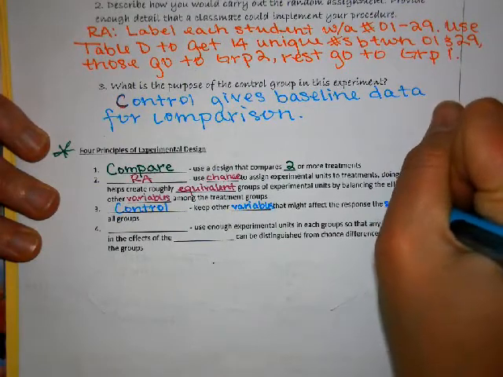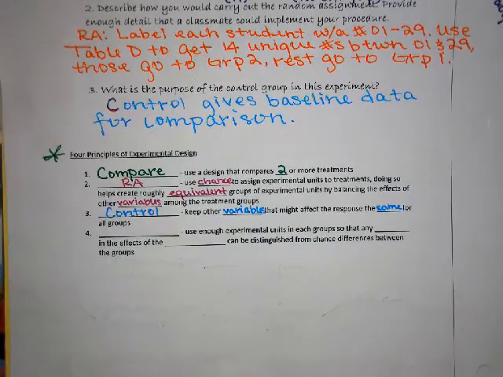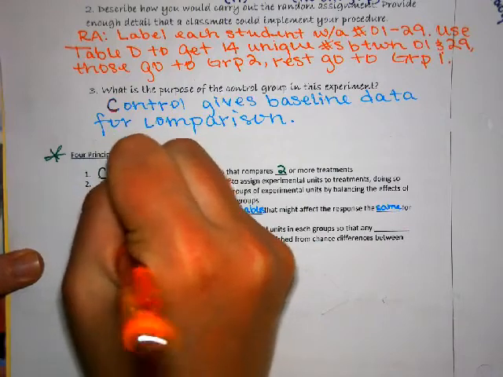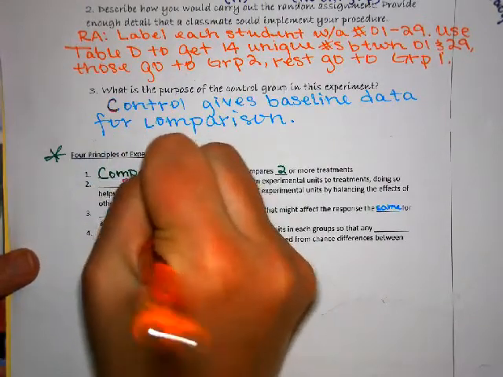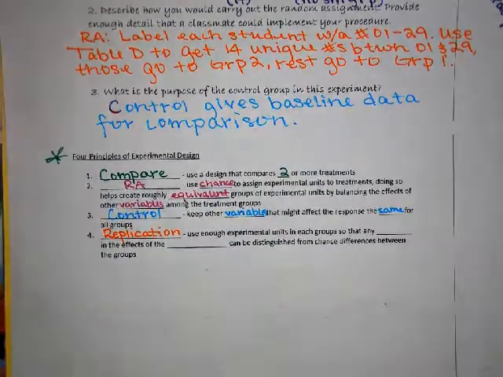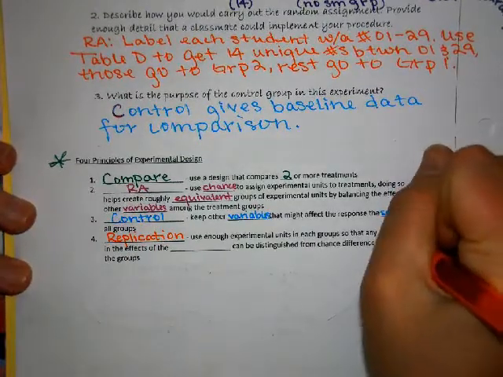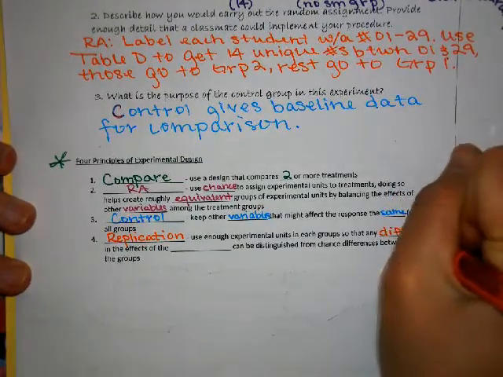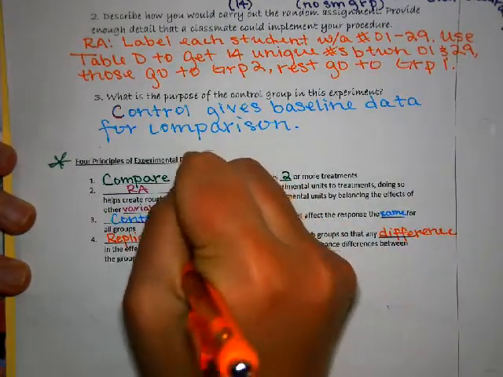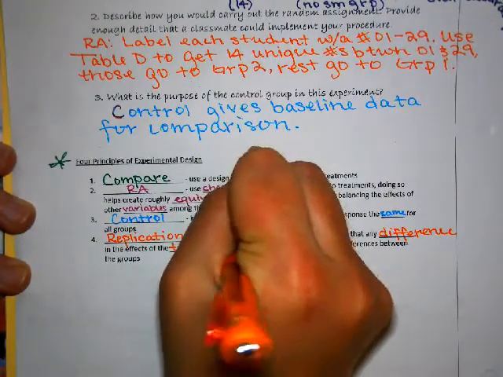And then replication. Use enough experimental units in each group so that any difference in the effects of the treatments can be distinguished from chance differences between the groups.